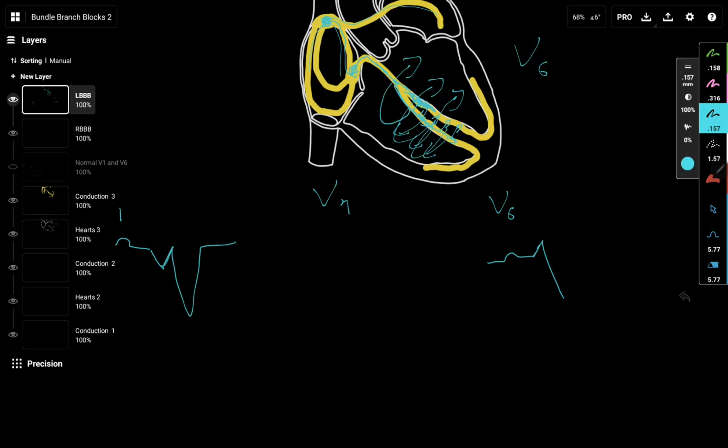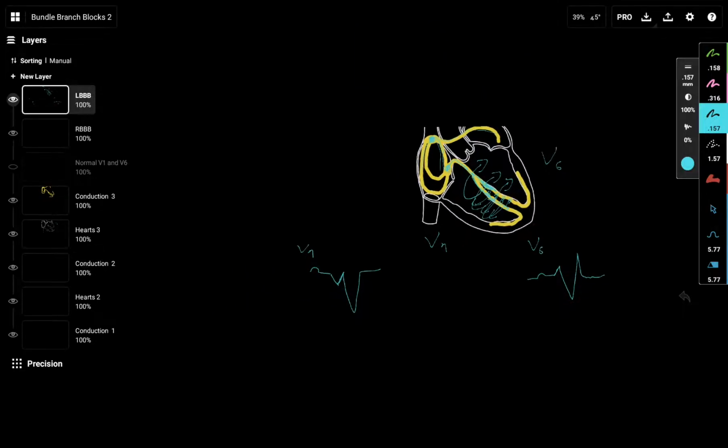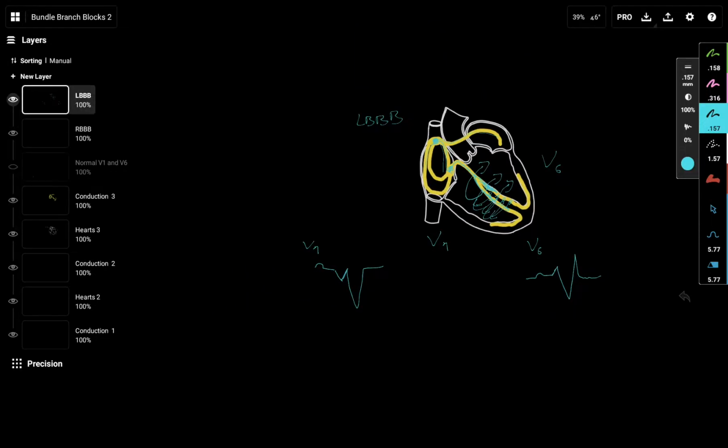And then my action potential is going to go back through the septum in order to depolarize my left ventricle. So it's going to travel again towards V6, giving me a positive deflection there, roughly. And this is the morphology in a left bundle branch block.